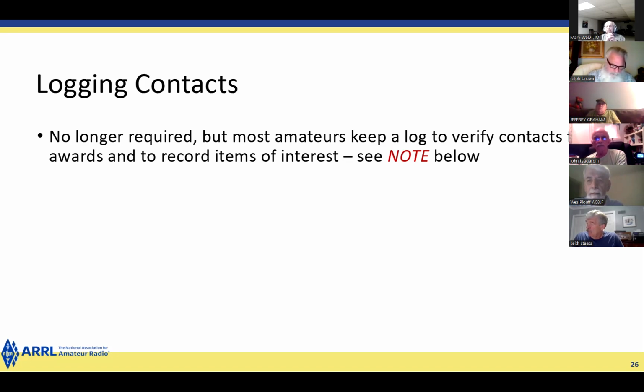That's a QRP net for guys who operate low watt transmitters, 5 watt transmitters. It's on Tuesday nights around, I forget what time it is, 7 or 8 o'clock or something like that.